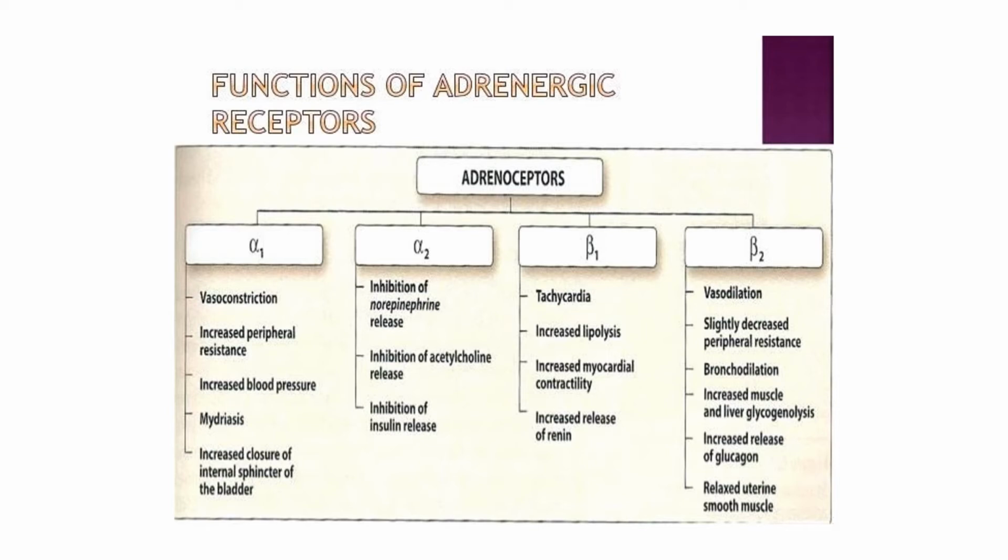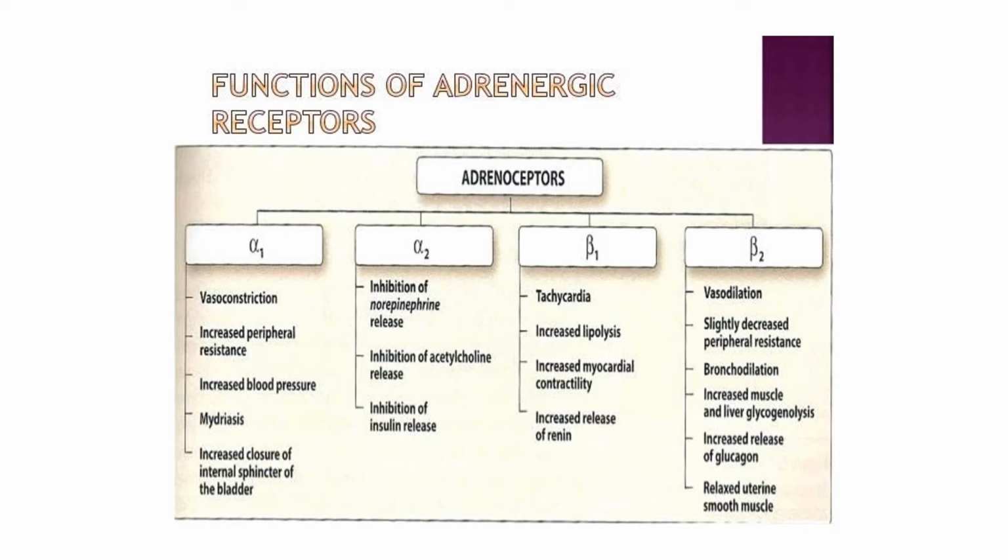And why would you want to do that? Well, the body is sensing that it's going to need energy. So by breaking down some fat with these beta-1 receptors when they're stimulated, it's guaranteeing that it has energy to be used for whatever you're doing.